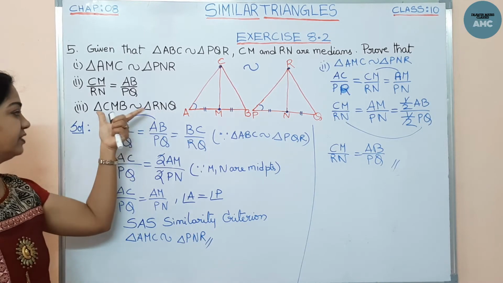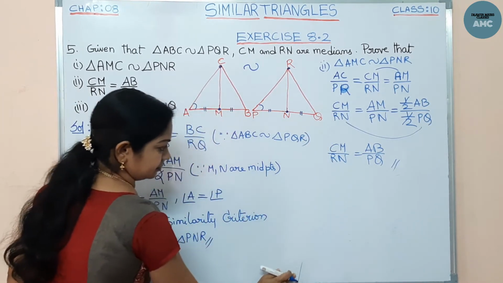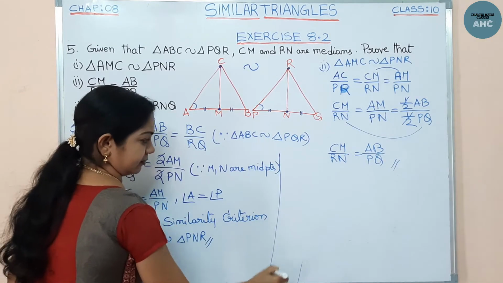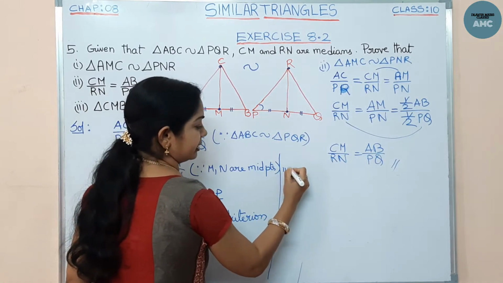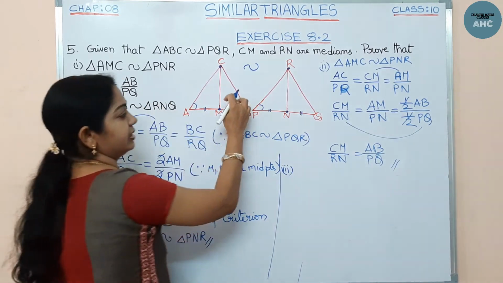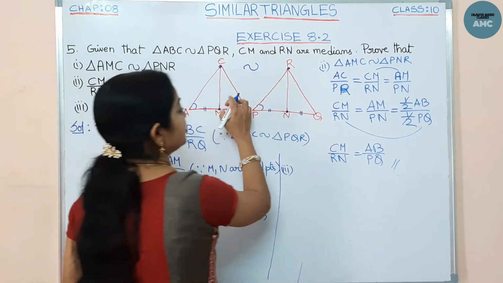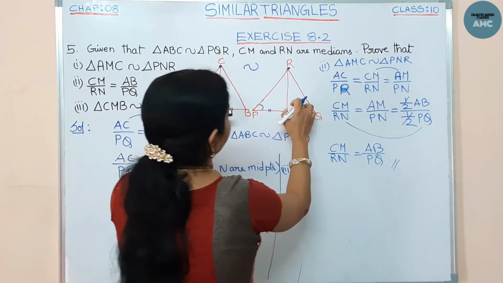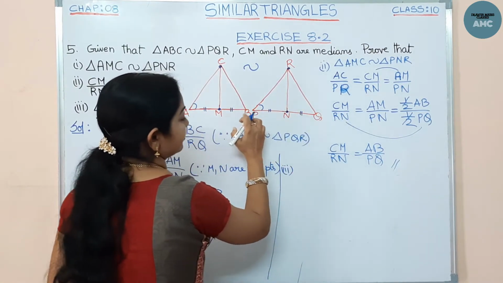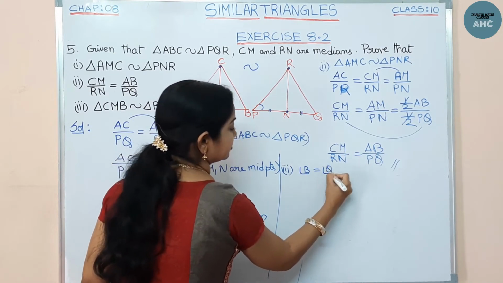Okay. Now we will see the third part here. CMB and RNQ, these two triangles we have to prove similar. To prove these two triangles similar, we consider angle B equal to angle Q. Isn't it?